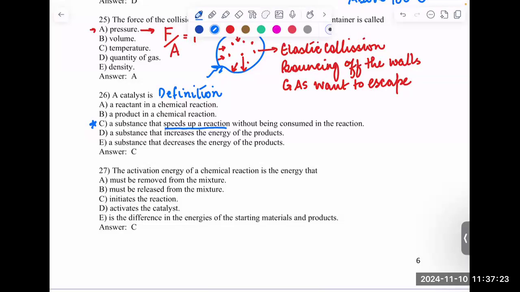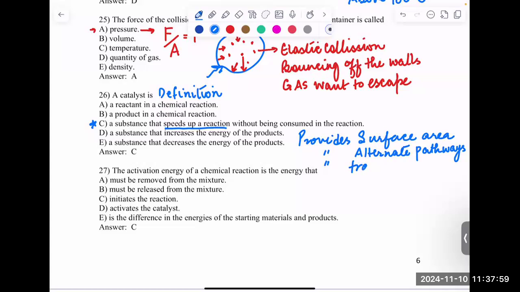It's not getting consumed, but it does do certain things. It provides surface area, so reactants can rest on it, and it provides an alternate pathway. It shortens the pathway. It provides transportation, right?